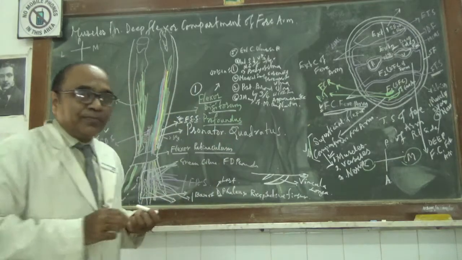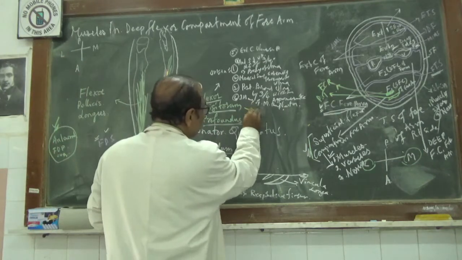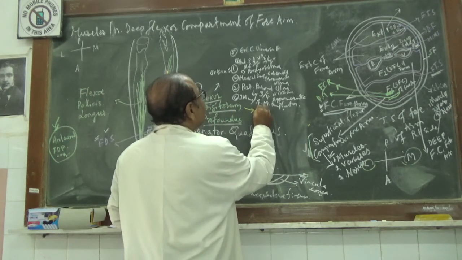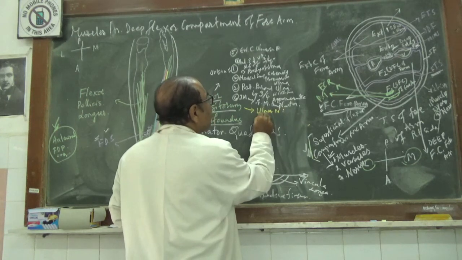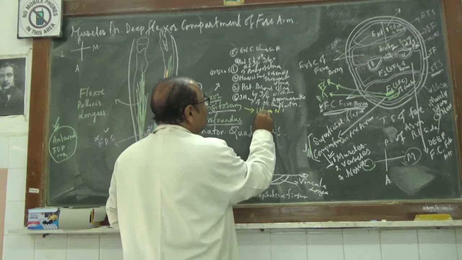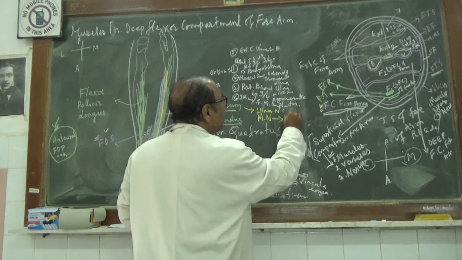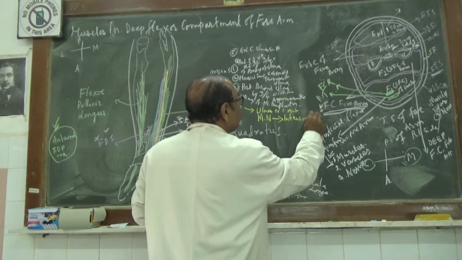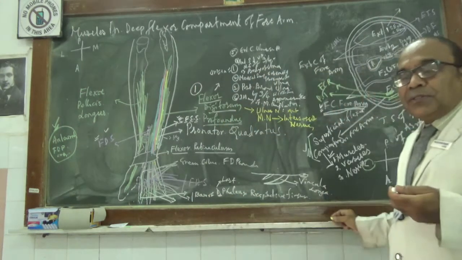The flexor digitorum profundus is supplied partially by the ulnar nerve, and the remaining part is supplied by the median nerve via the anterior interosseous nerve. So this is the nerve supply.